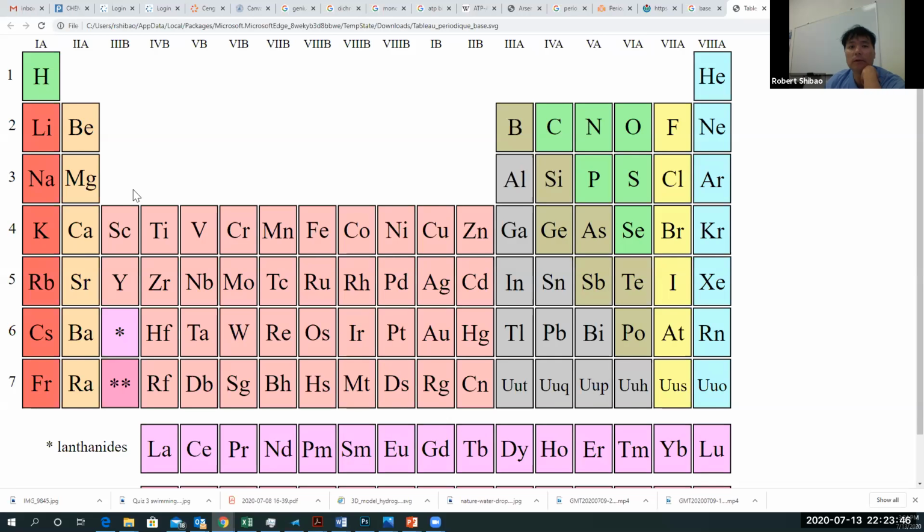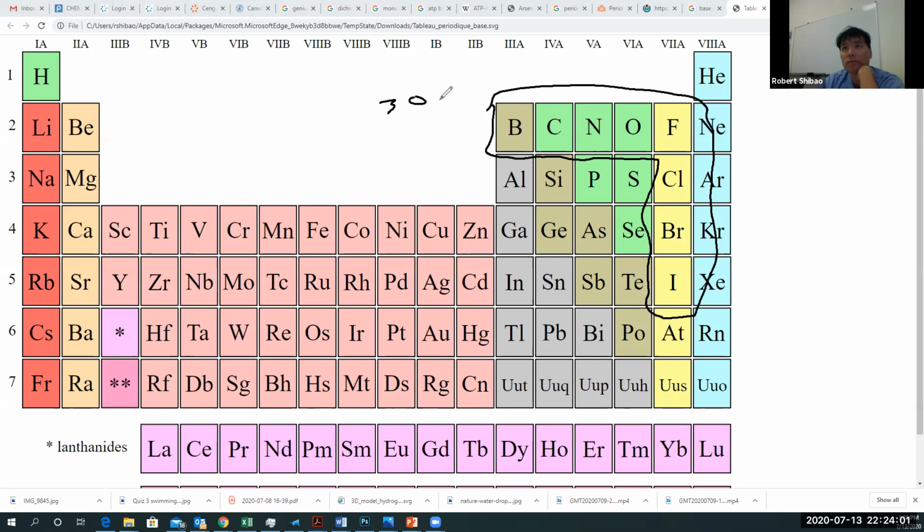And so looking at the periodic table, I first figure out 3 oxygen or 4 oxygen. 3 oxygens are this elbow here. These all have 3 oxygens. 4 oxygens are the inner block here. These are all 4 oxygens. So 3 oxygens, 4 oxygens.